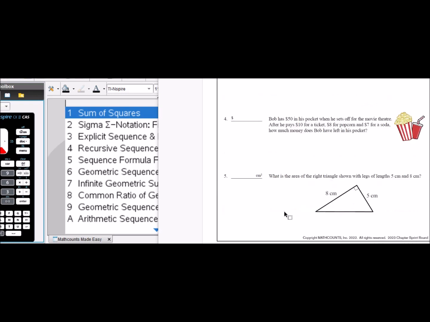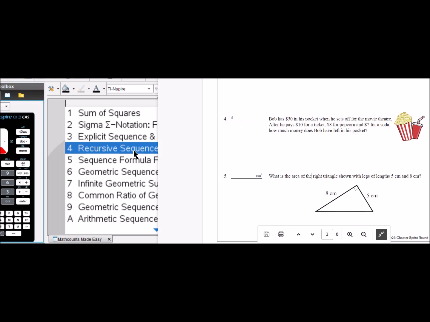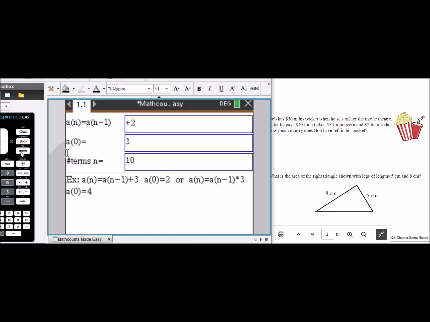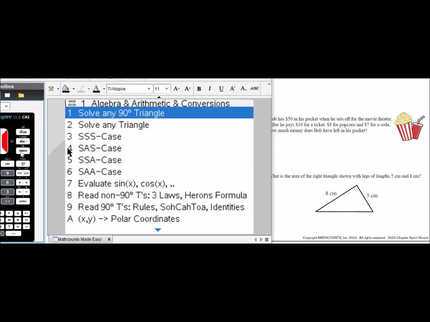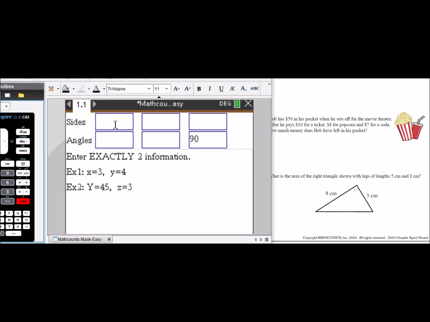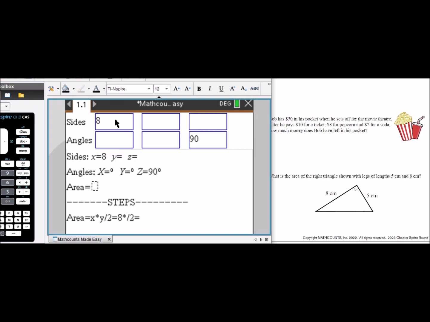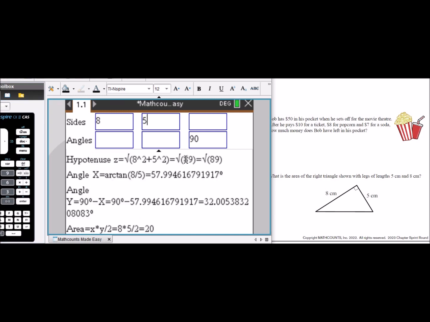number 5 is the triangle. So you're given 2 sides and you want to know the area here. So we got to know what the hypotenuse is. So we're going to go into trigonometry, and we're going to select solve any 90-degree triangle, and we are given the sides 8 and 5, and our angle is 90 degrees.